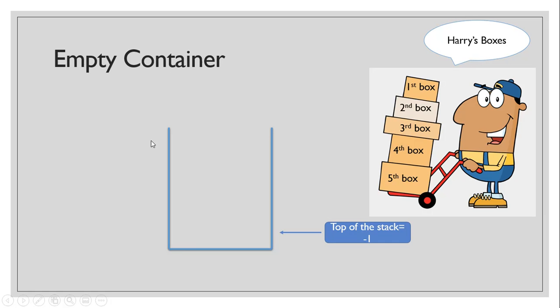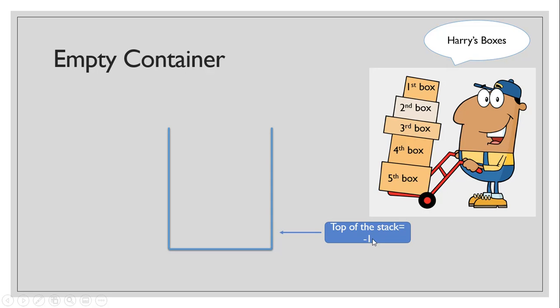So here this container is represented as a stack. Now Harry wants to put these boxes into the container, correct? Right now my container is completely empty. When the container is empty, it is at the -1 position. That means the top of the container is currently -1.